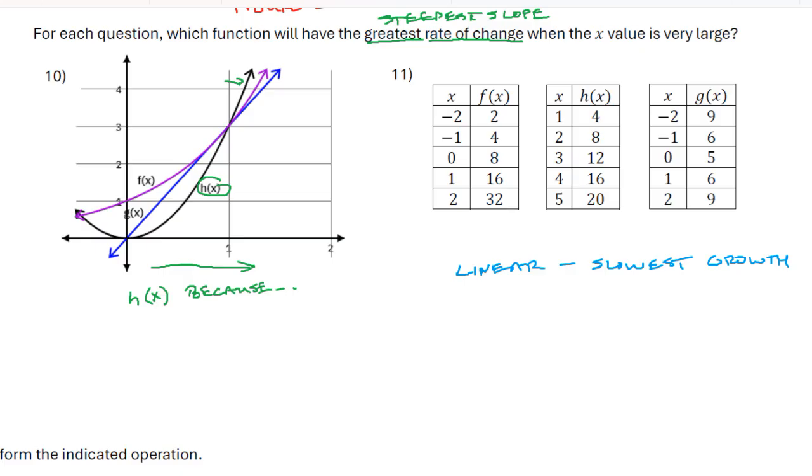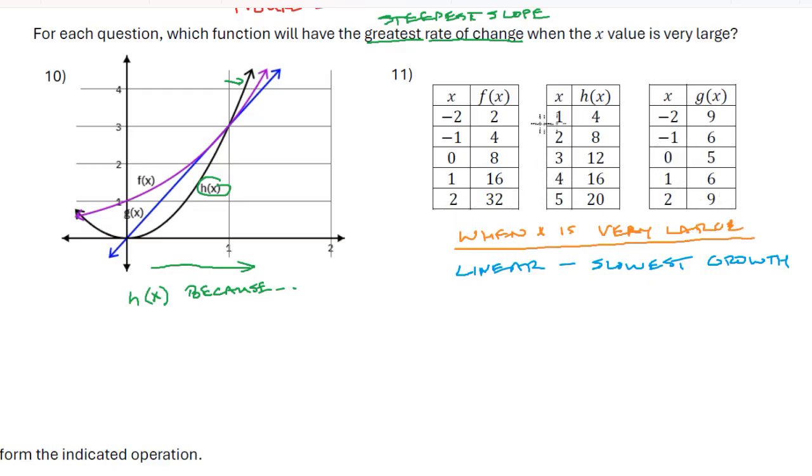So you have to put here as a qualifier, when x is very large, when x is very large. Now, notice, class, I didn't look at the table at all.